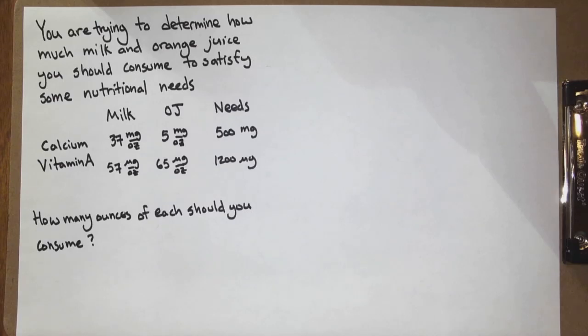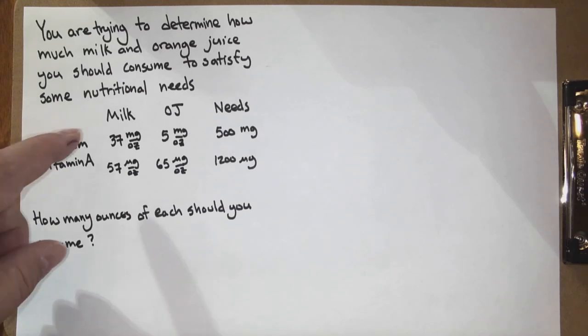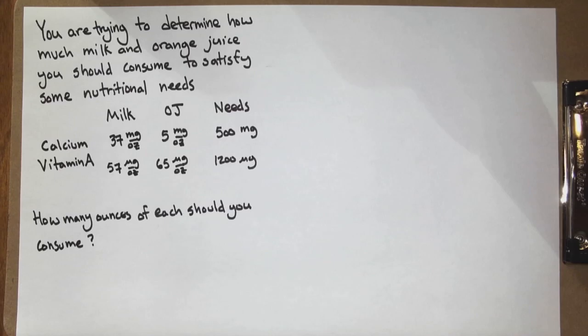So now there's the question, how many ounces of each should we consume? So the goal is we want to meet our nutritional needs. How much should we do? So we need to set up some equations. We have some unknowns: how much milk should we have? How much OJ should we have? We need to provide names to these things.